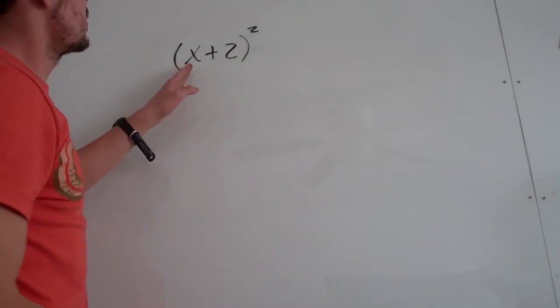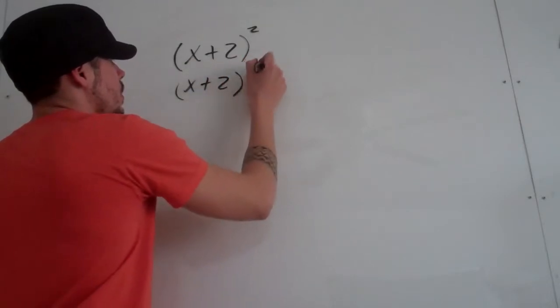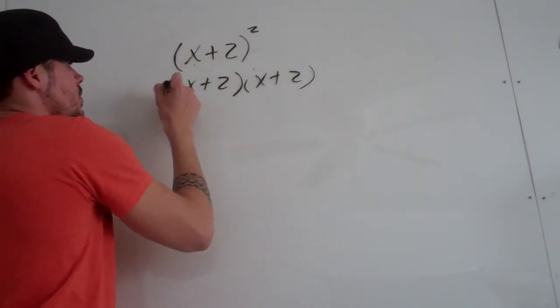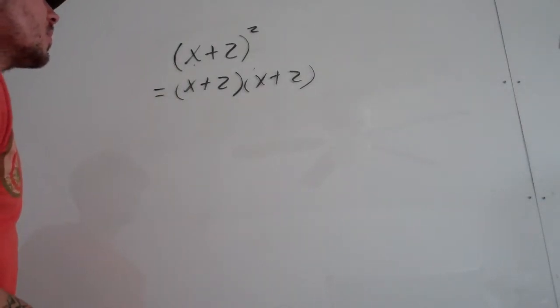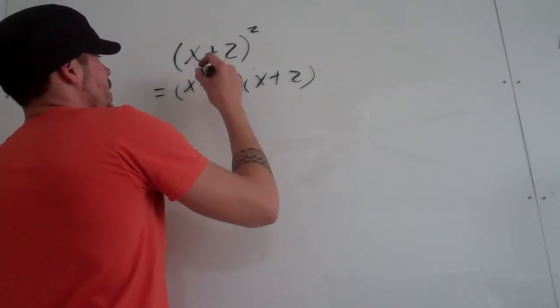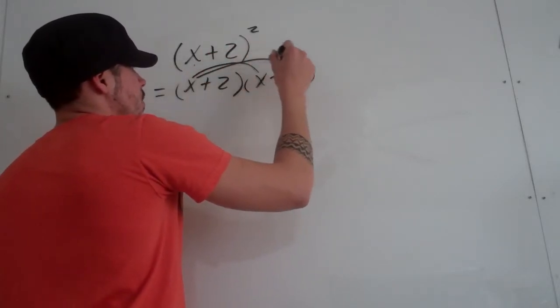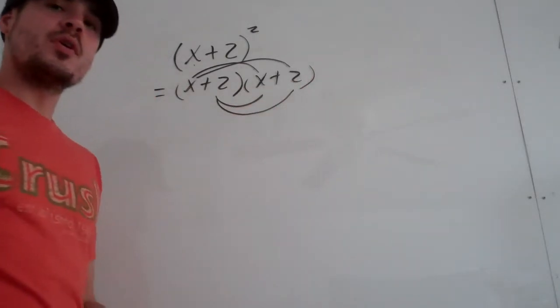Now, this is the same thing as saying x plus 2 times x plus 2, right? This is equal to that. Now, all it's saying is make sure that everything gets multiplied within these parentheses. So this times this, this times this, this times this, and this times that. That's all the FOIL method is.